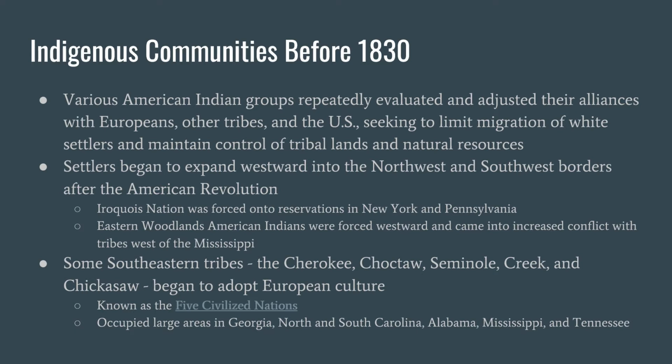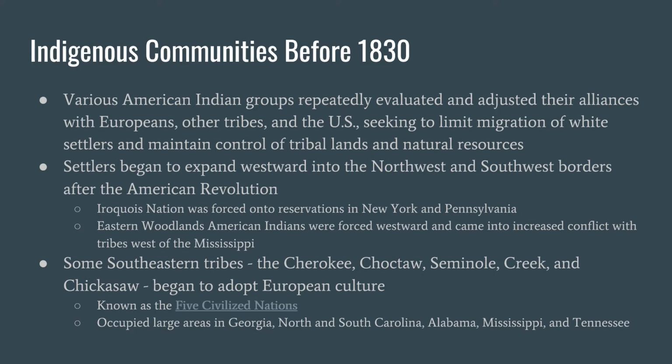But we also do see that there are some communities, some southeastern tribes, the Cherokee, the Choctaw, the Seminole, the Creek, and the Chickasaw, who are all starting to assimilate to European culture. They are starting to adapt some aspects of European culture. And these tribes are known as the Five Civilized Nations.